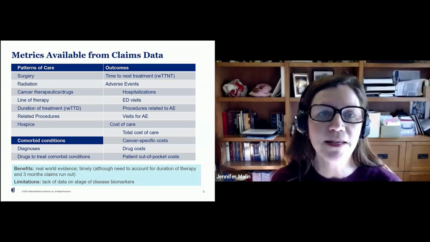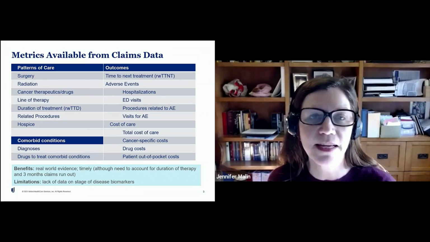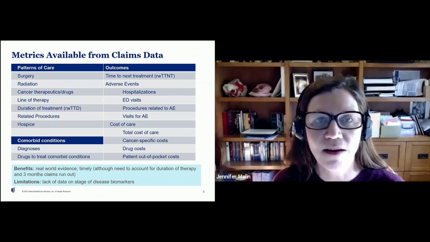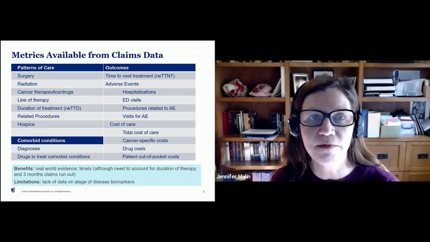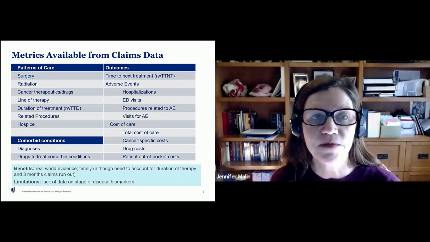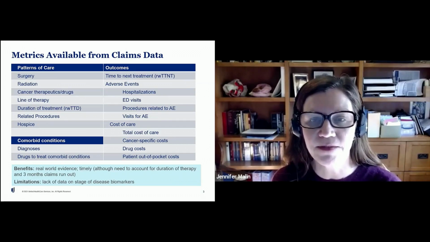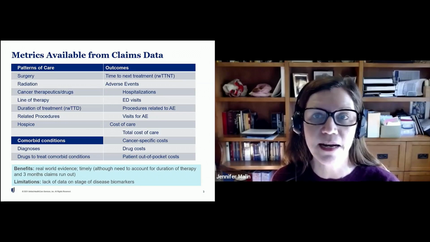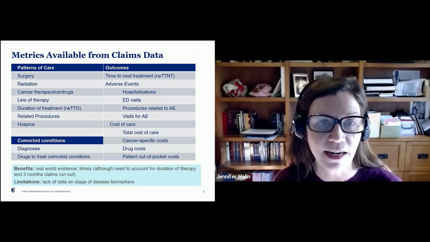So I'm going to talk about the types of metrics that can be obtained from claims data, building off of what Dr. Schrag has already discussed for what's available from SEER Medicare data. With health plan claims data, we're limited to the types of data that's very analogous to what's in the Medicare data.